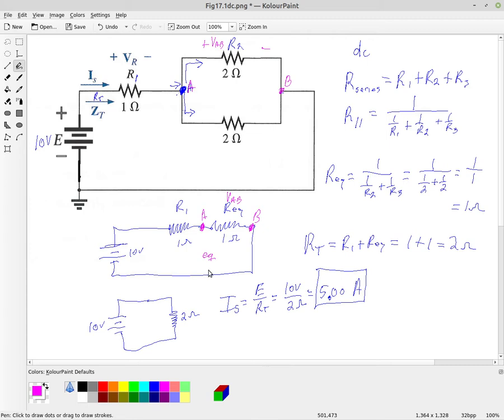And so VAB is going to be, using Ohm's law, the resistance of this equivalent times the current. And since in this circuit the current does not split, it's just a series current, it's just the 5 amps. So that would be I supply times R equivalent.